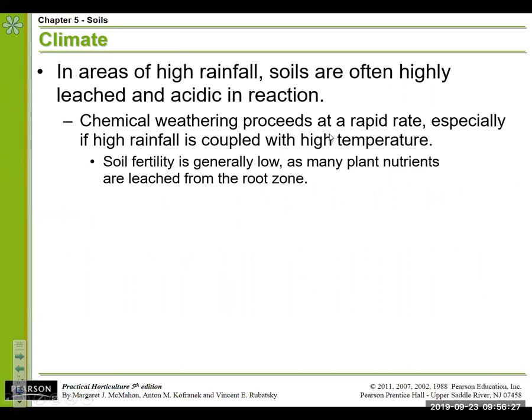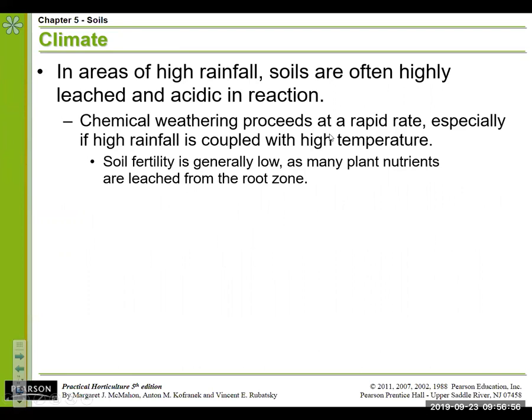So climate has a big effect on the type of soils that are produced. How? Well, first, we think of the high rainfall. We have lots of water, and the soils are going to be more highly leached, taking those nutrients, that mineral composition out of the soil, and it's going to increase the chemical reactions as well.